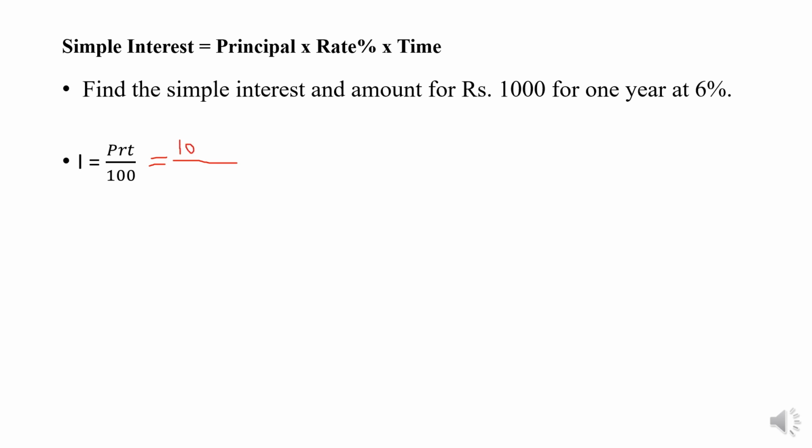So 1000 into R, where R is the rate of interest which is 6%, and the time is 1 year, so we write 1 divided by 100. Now the value of this is 60.